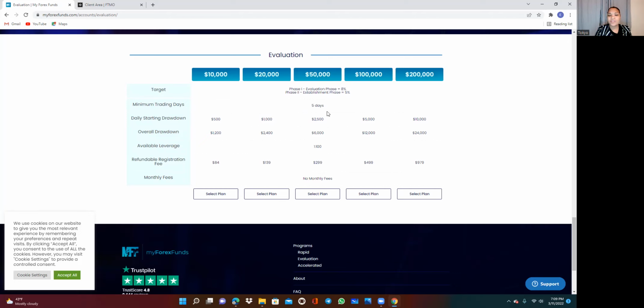So with this, for the 50K, your daily starting drawdown is 2,500, meaning you cannot exceed that, and your overall drawdown cannot exceed 6,000. This was really confusing because I know someone that had $4,000 in drawdown and they were violated.